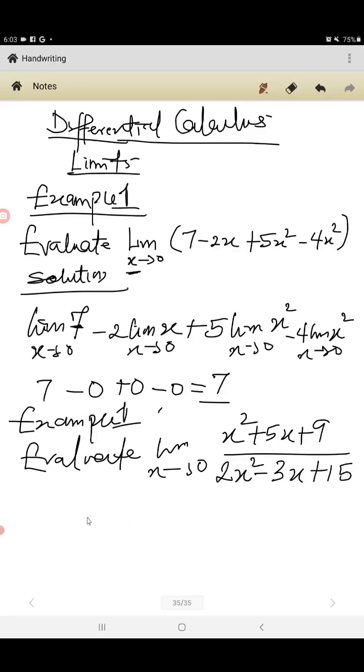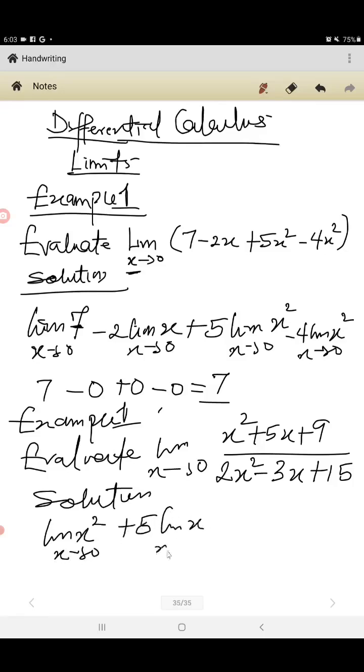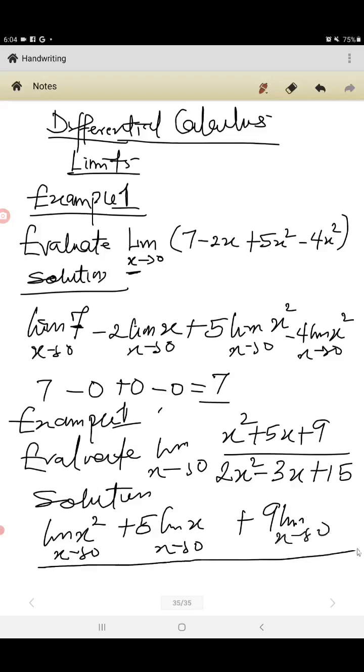For solving this, you'll be doing it one by one. Whereby we have the solution: limit of x squared as x tends to 0, you put it one by one, plus 5 times the limit as x tends to 0, plus 9 times the limit as x tends to 0.